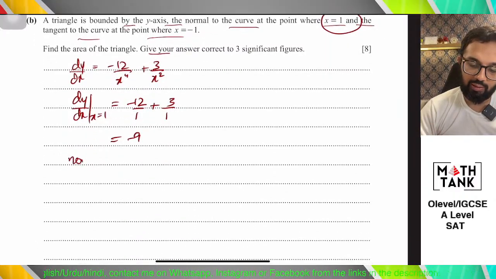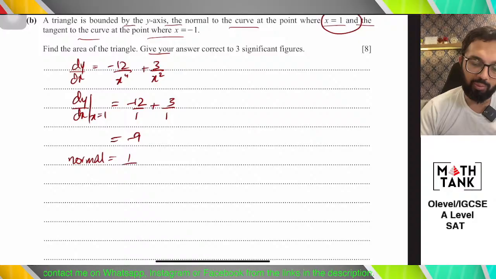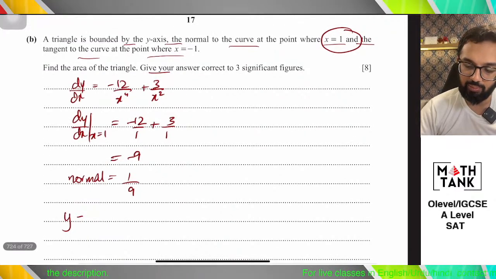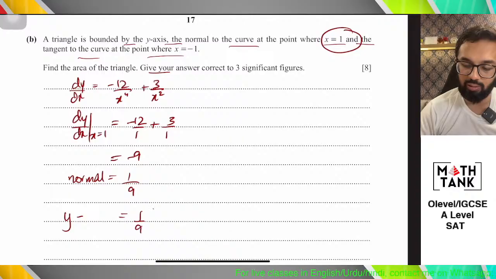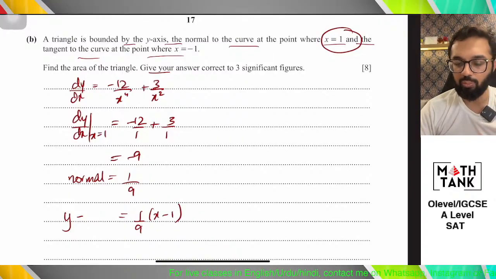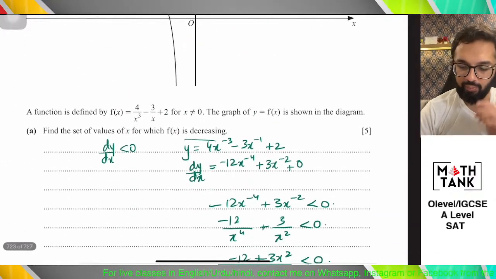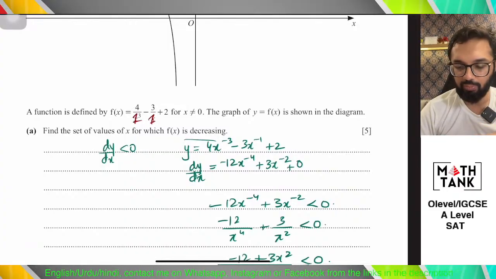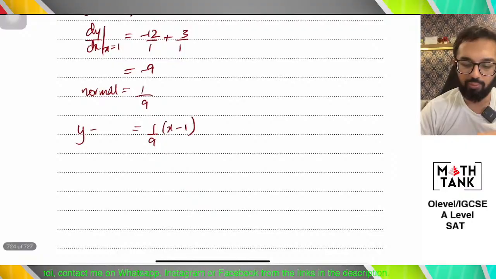The normal gradient is then 1 over 9, and the equation would be y minus y1 equals 1 over 9 times x minus 1. If you plug 1 into the curve, you get 4 minus 3 is 1, 1 plus 2 is 3, so y minus 3.